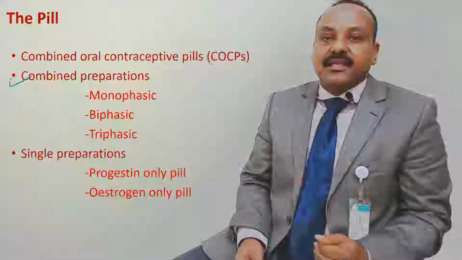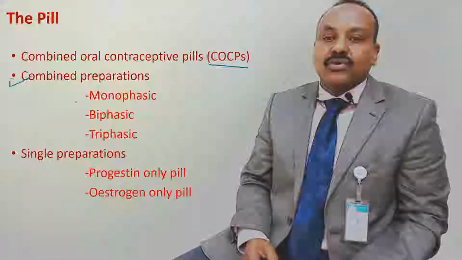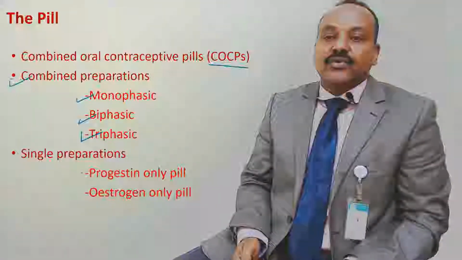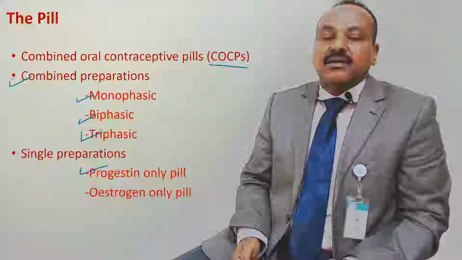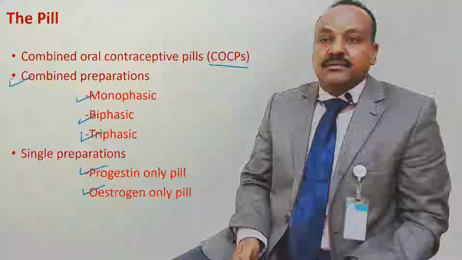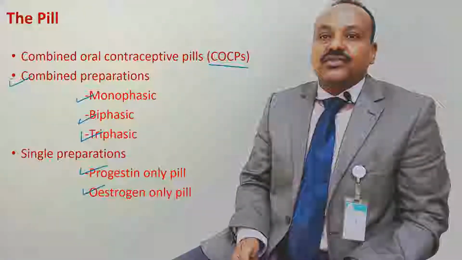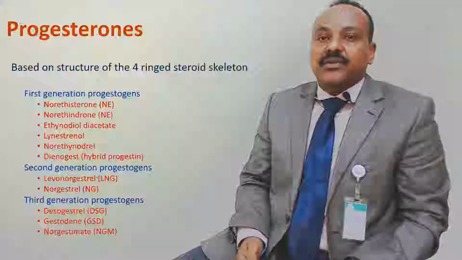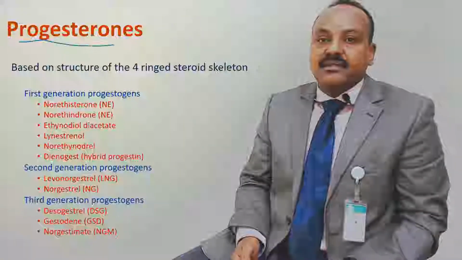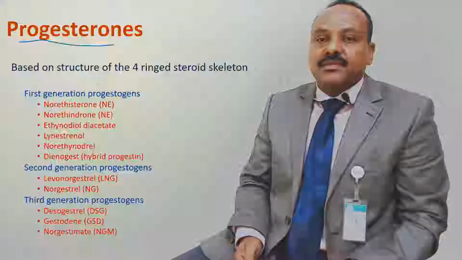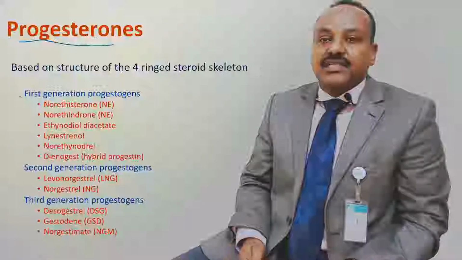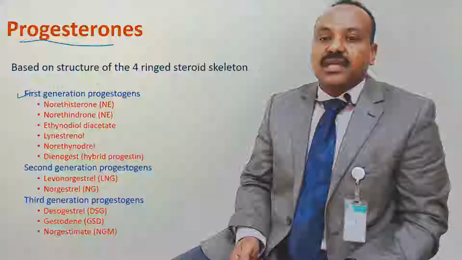This preparation is either monophasic, biphasic, or triphasic, and the single preparation is either a progestin-only pill or an estrogen-only pill, which we call POP. Progesterone, as you know, is one of the important hormones that regulate ovulation, and there are many synthetic types for medical uses, divided into first generation, second generation, or third generation.